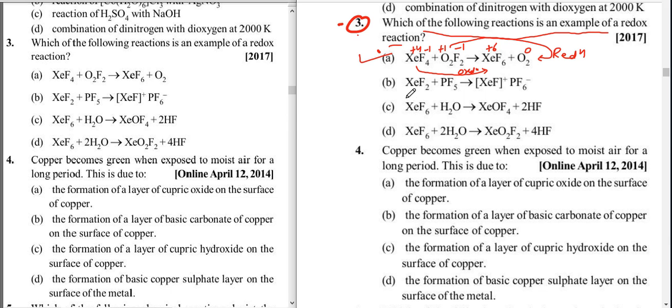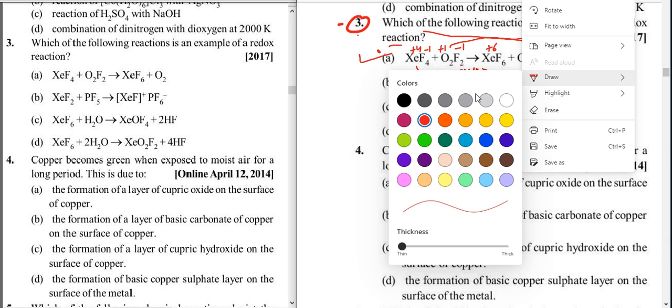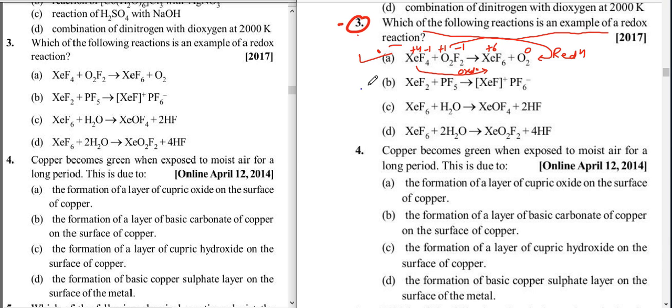Still you can check the other options. Here xenon is plus 2. Here xenon, this total is plus 1. Plus 1 means obviously xenon is plus 2. Fluorine is minus 1. Result plus 1.